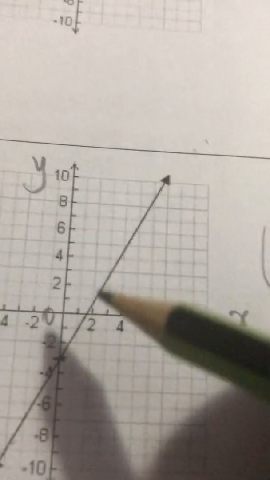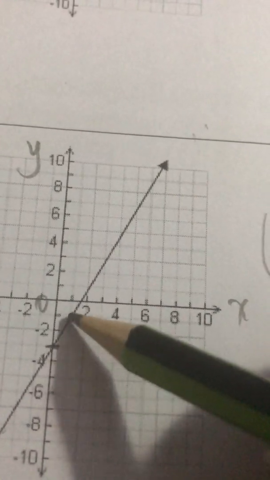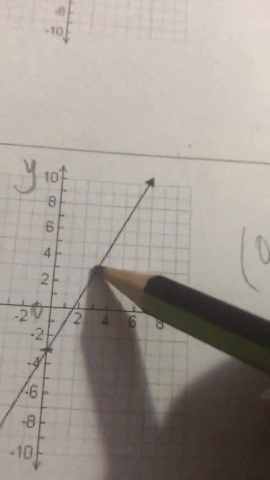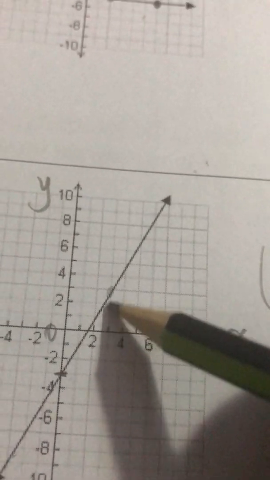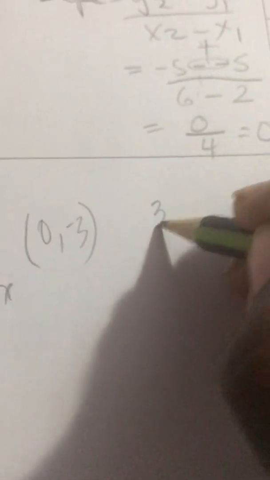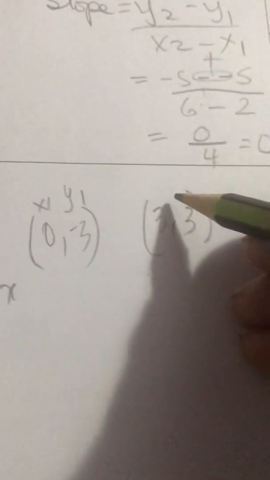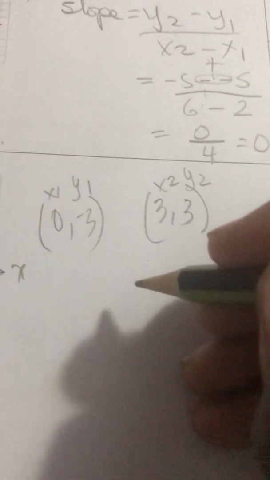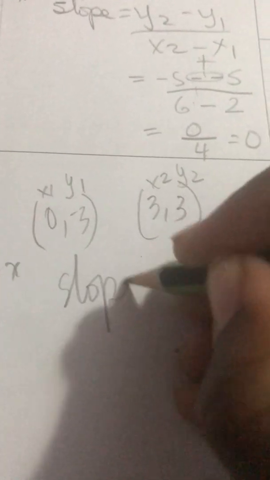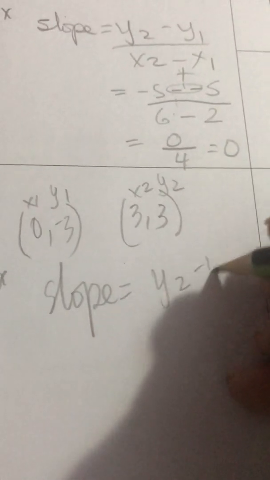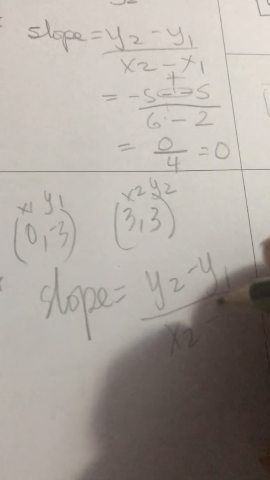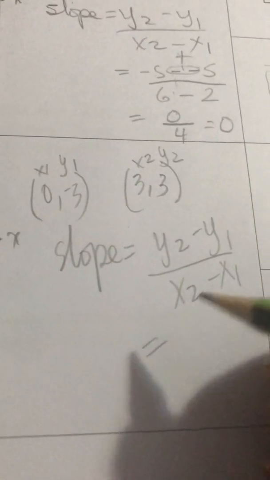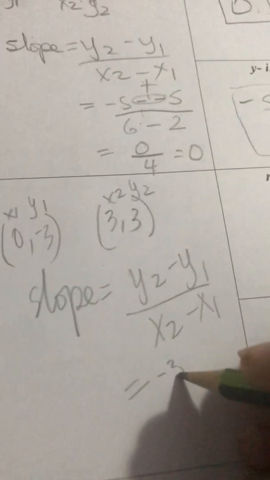This is (0, -3), and I'm trying to find another one. Here. This is (3, 3). Okay. So x1, y1, x2, y2. Slope equals y2 minus y1 over x2 minus x1. y2 is -3.